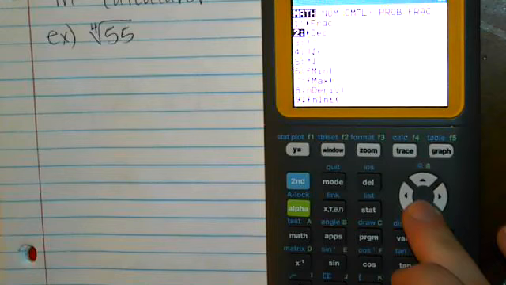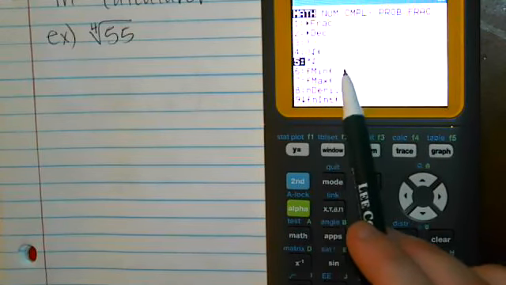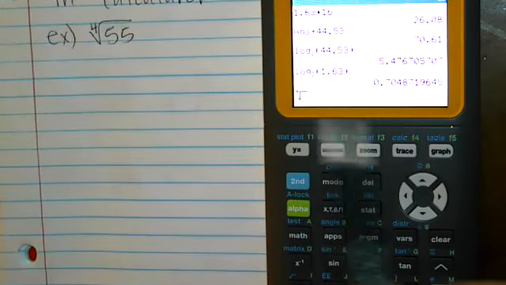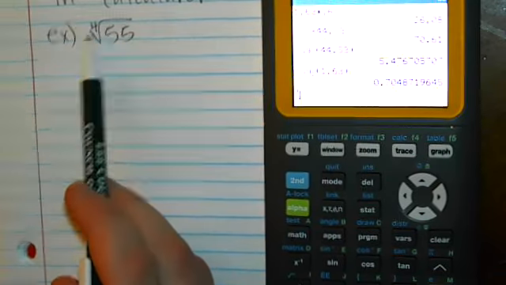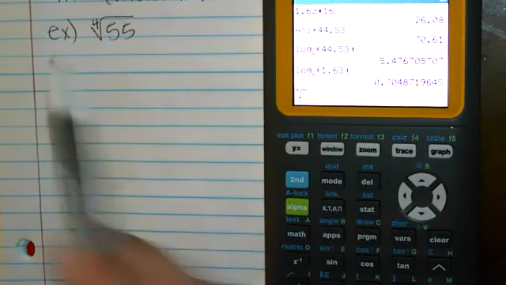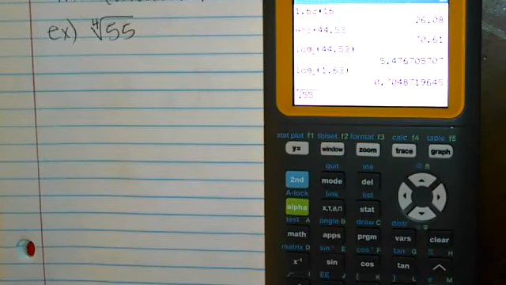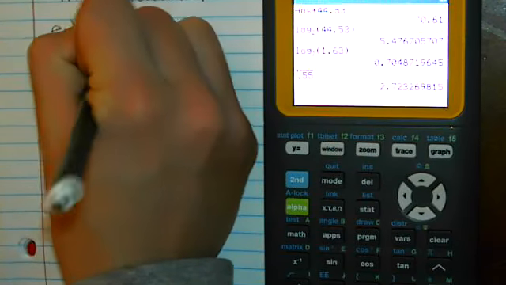You should have an X root bar. Hit enter. It automatically puts that 4 up in the root position. Then type in 55 and hit enter. If you did it correctly, you should get 2.72.